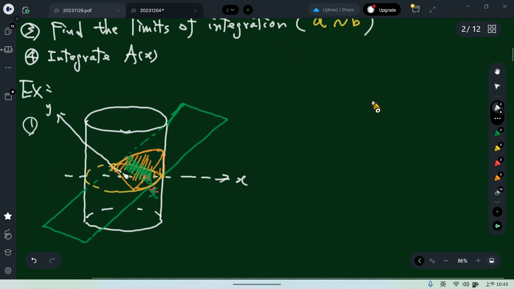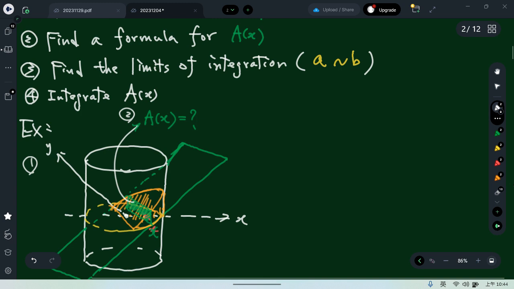Then the problem for us is how can we just get the A of x? How to get? This is our second part. So if I want to get the A of x, the different areas, I just divide it into two parts, two perspectives.